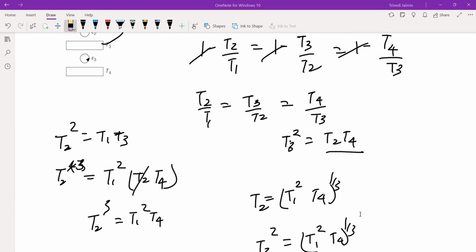Did we miss anything? Yeah, we can use that one, not the T2 value. Yes, that's what we are using.